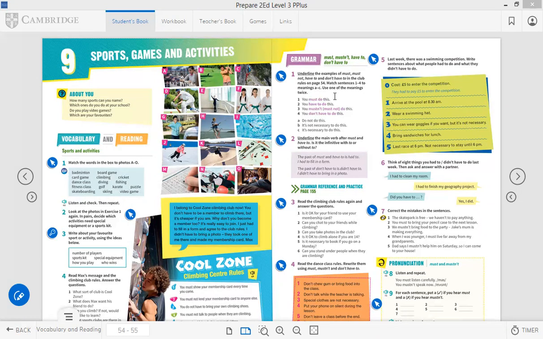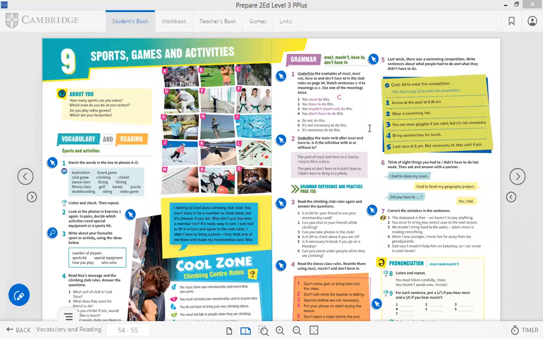In fact, we were checking the sentences 1, 2, 3, and 4, and matching these sentences with A, B, C, what the meaning of these sentences is. So we solved the number 1 yesterday. It was, you must do this, and the correct matching is letter C, exactly.